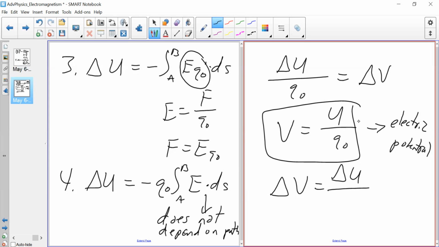This is going to be the difference between two points, my potential difference, aka my voltage. Right? It's a basic definition. So we have, again, integral A to B, E dot ds, where ds is going to be integrated between those two points. This right here is the potential difference equation, aka voltage.